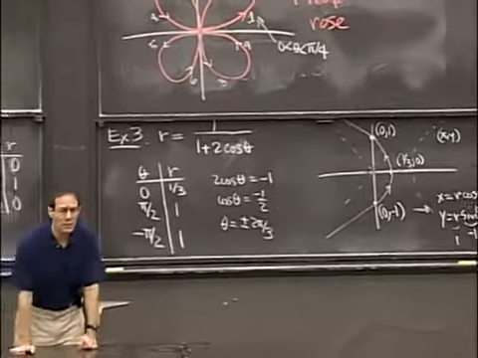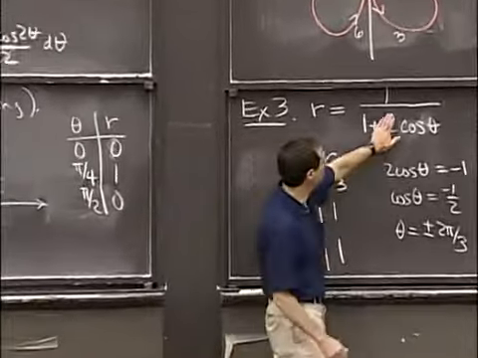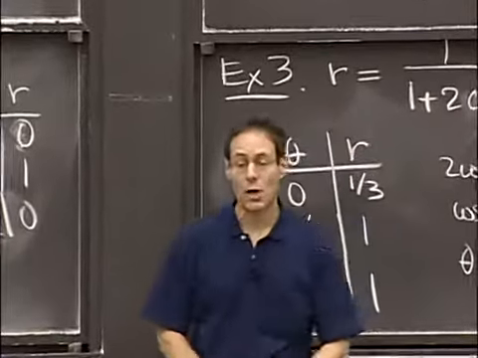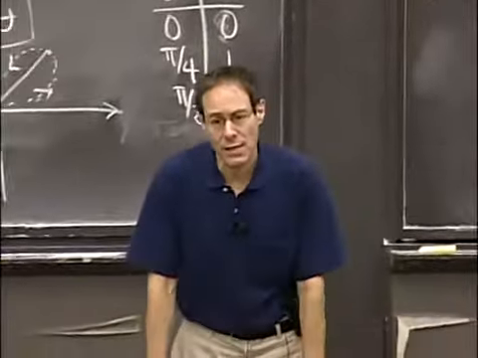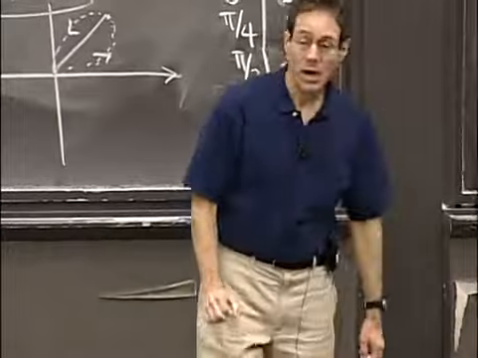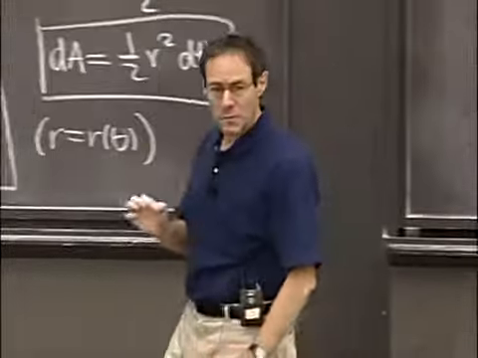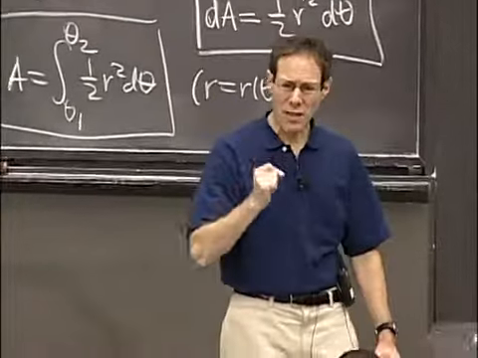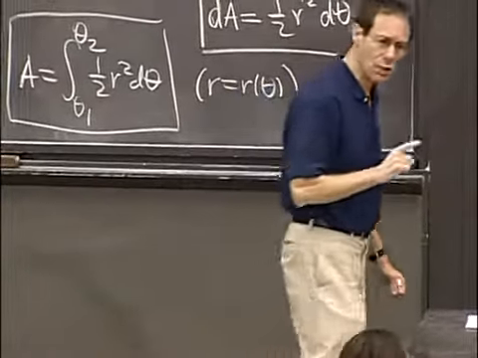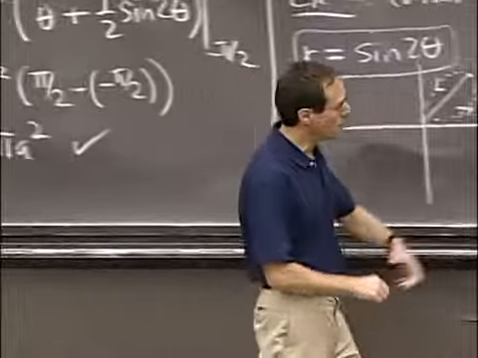And ellipses, which is what you would get if you put a half here instead of a 2, would be the trajectories of planets or asteroids.